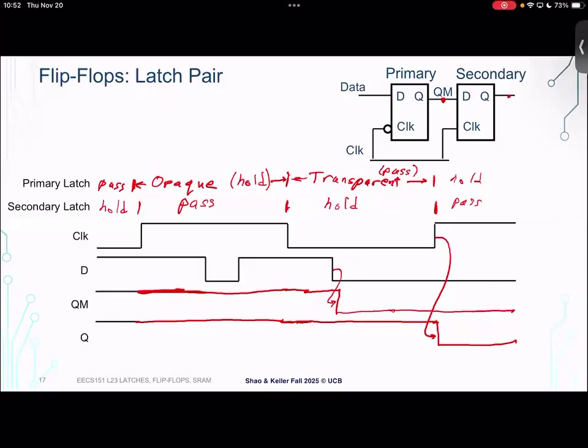It's going to take QM if the latch is transparent, and it's going to remember its previous value if that latch is opaque. And so by having this sort of staggered two-phase approach, you set up the transition when the clock is high, or you set up the transition when the clock is low, and then at the edge, when the clock goes high, you pass that transition out of the secondary latch.